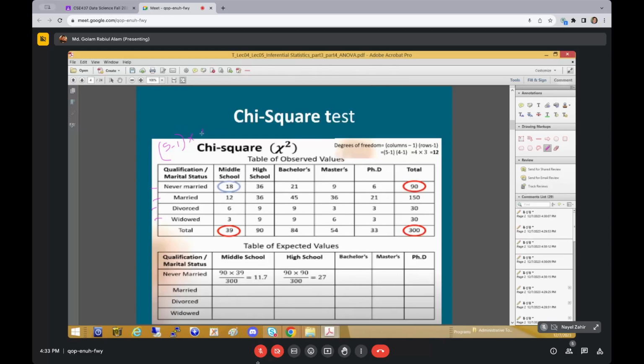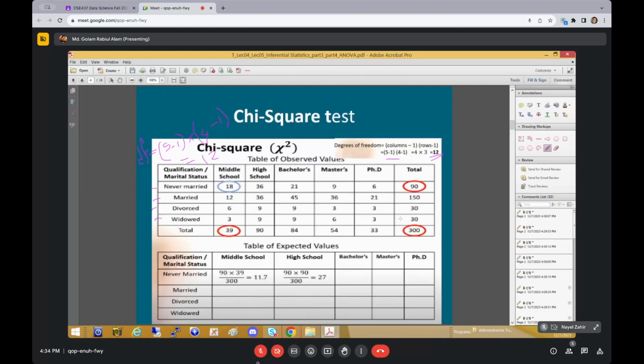So 4 minus 1 is 3. Then 4 times 3 is 12. So the degree of freedom in this case is 12, that is, column minus 1 and row minus 1.